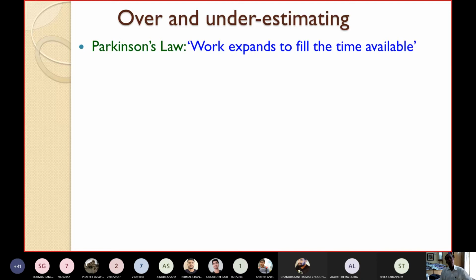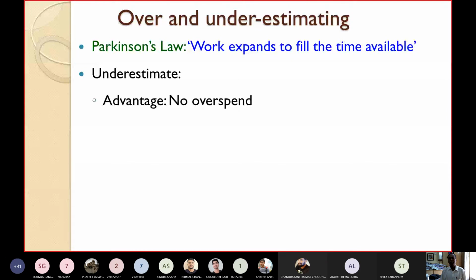Now, as I have already told you, there are two possibilities. Suppose this is the real estimation, the right estimation. You might overestimate or you might underestimate. So let's see what happens in underestimation. The advantage is no overspend, isn't it? 10 days means you might have spent 9 days, but it cannot be 11 days. So the advantage is no overspend.